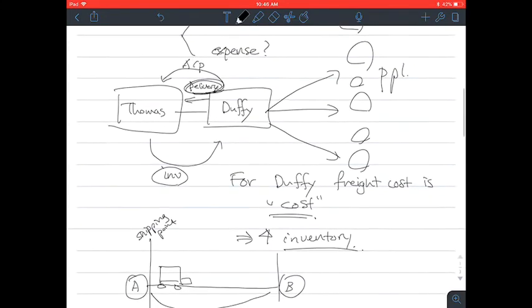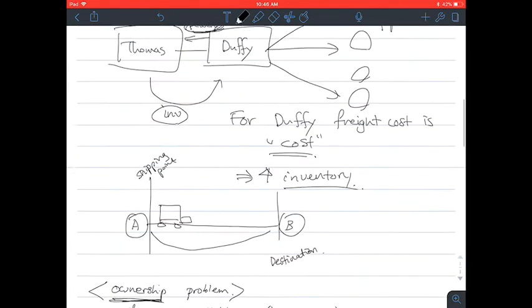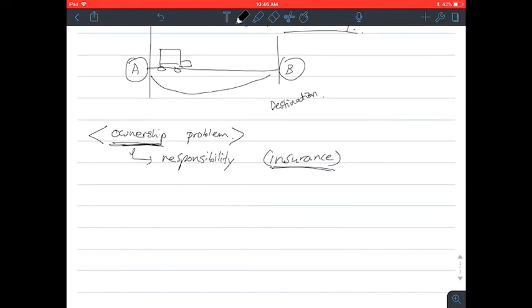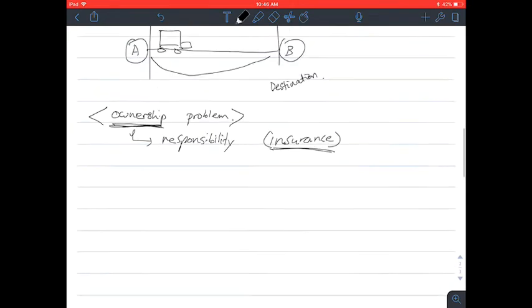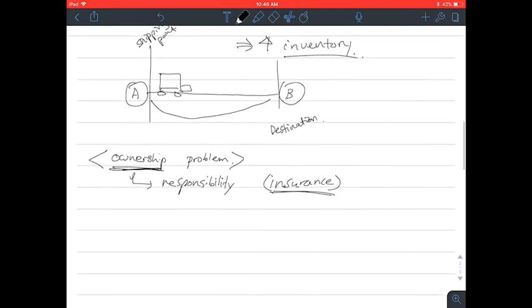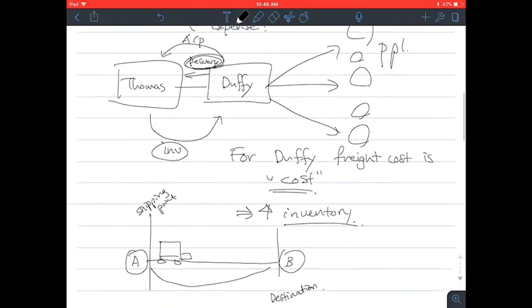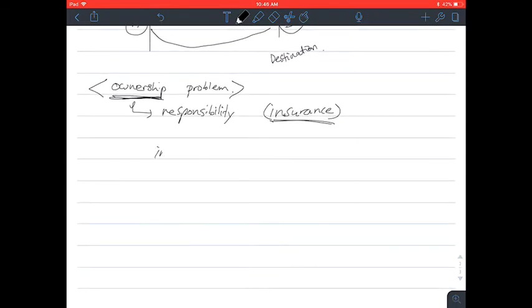Anyways, just remember, for buyers who buy merchandise from factories like Thomas, they will record inventory on the debit side, and they will pay accounts payable in the future, right? But let's see what happens when Duffy sells.